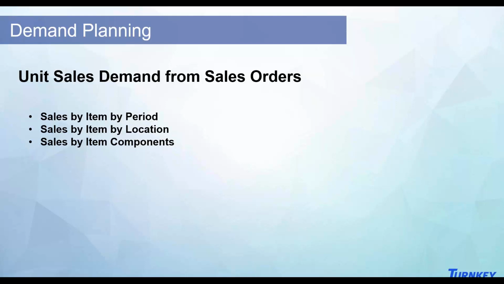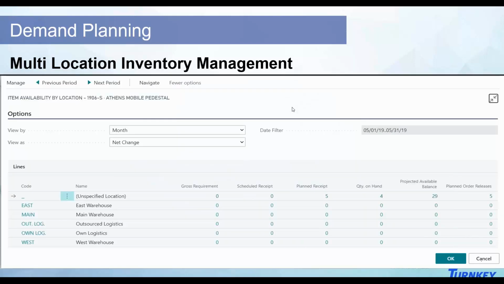If you had a central distribution center type scenario, you'd be able to allocate from transfers as well. And then there's also sales by the item components. So if you're a finished good item, it's going to take a look down into the components to say, hey, if I have a sales level required here, I need the components to support that, to be able to build those items to meet that requirement.